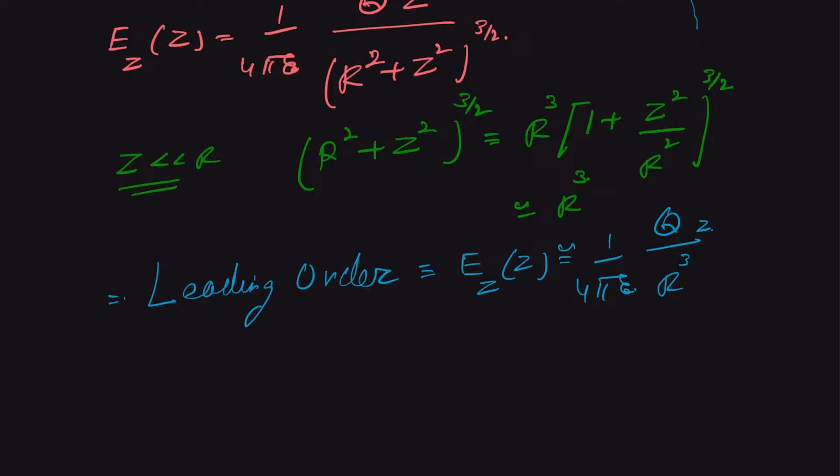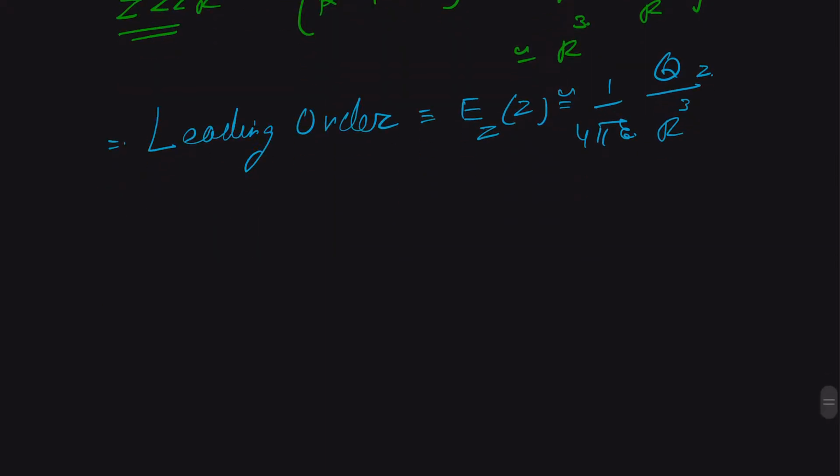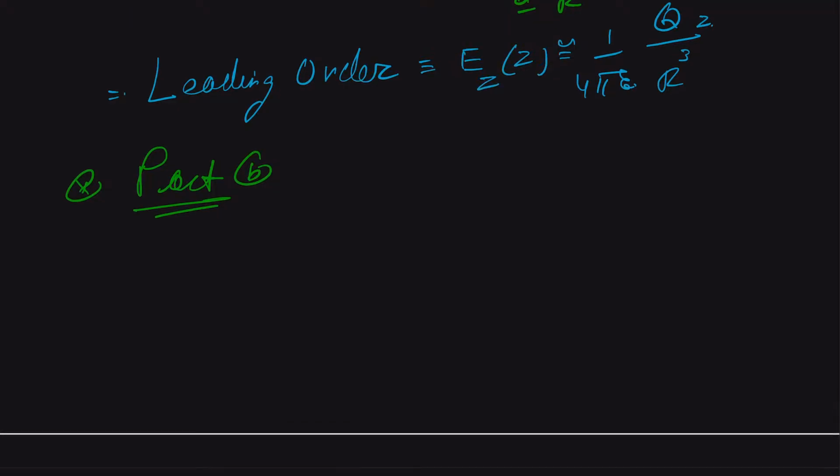So this was our first part, and then we come to part B. In part B, it is given that there is a small cylinder that is symmetric about the center. So we can just draw a small cylinder.